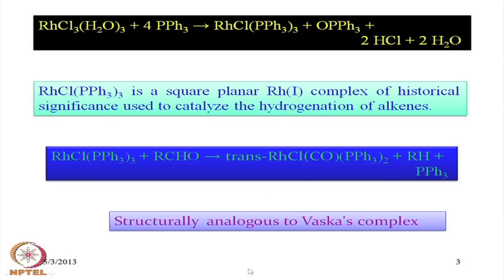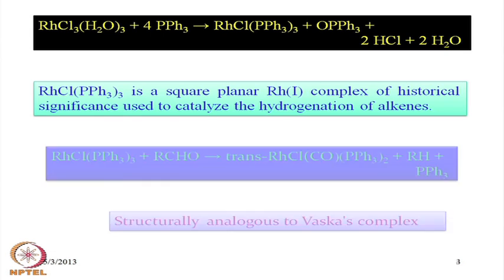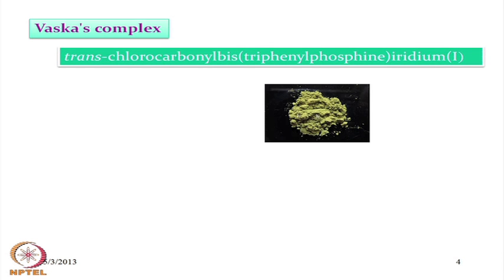So, let us now see what is that Vaska's complex, which is similar to that of the product what we are getting from the corresponding Wilkinson catalyst. So, it is a yellowish green powdery compound which can be very easily prepared, and if we just see the 3 types of ligands present to this, which is the Cl, the carbon monoxide and the triphenyl phosphine.